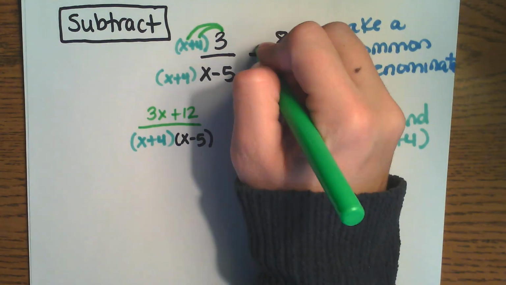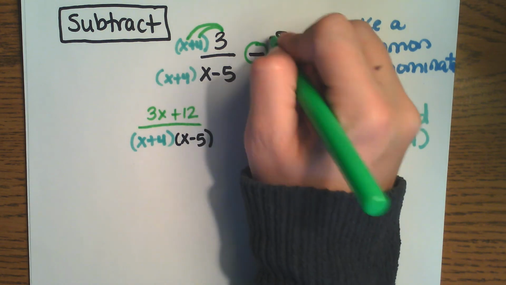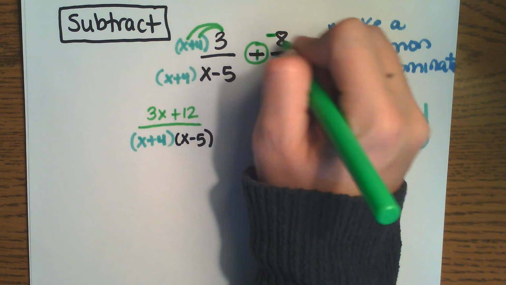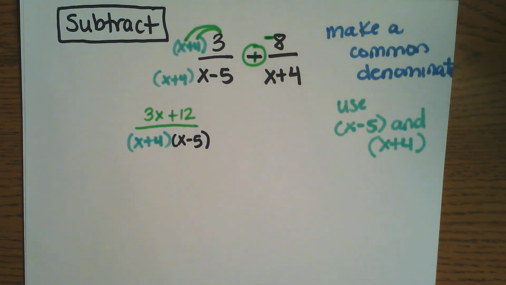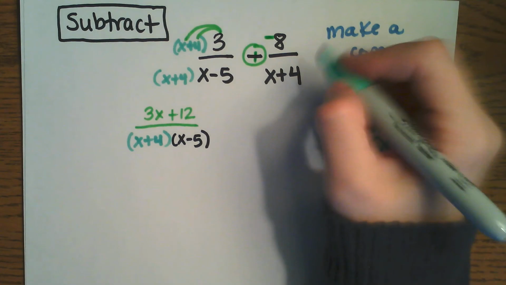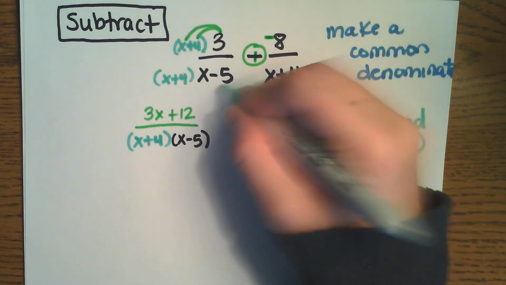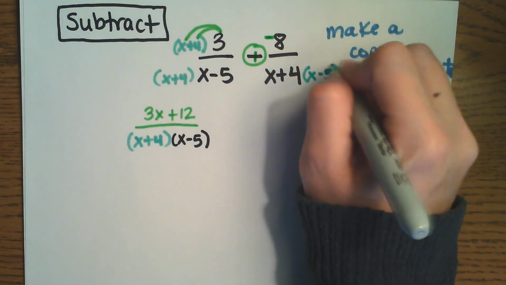I've got to watch this negative. I want to attach it to the 8. So I'm going to make it a plus here and just move it onto that 8. It will need to get distributed with the 8 when we distribute. So I'm going to put an x minus 5 on this side.